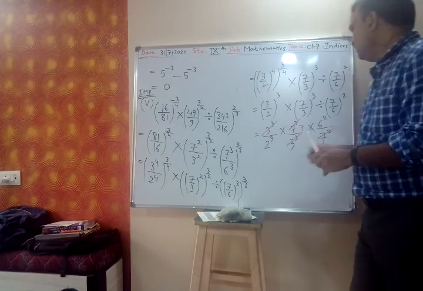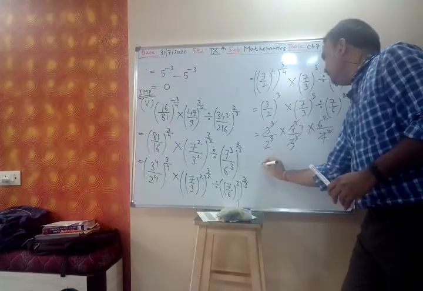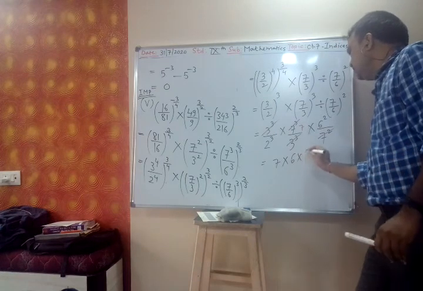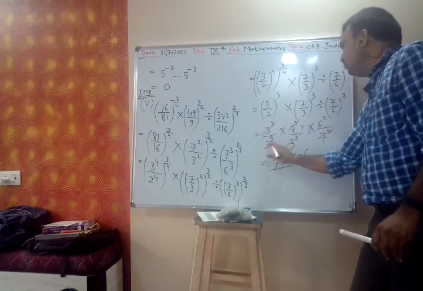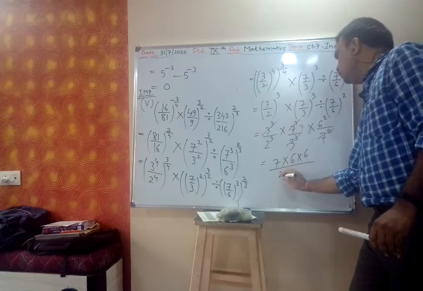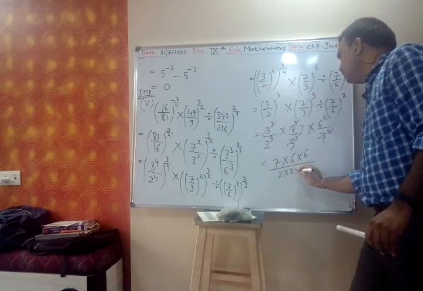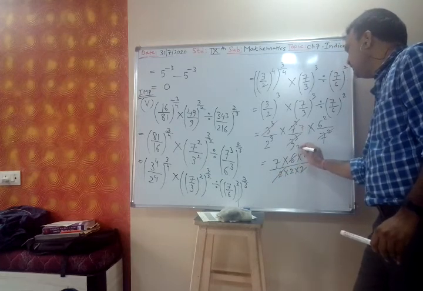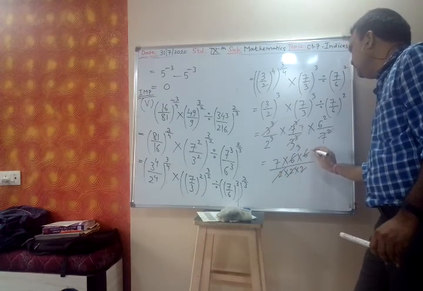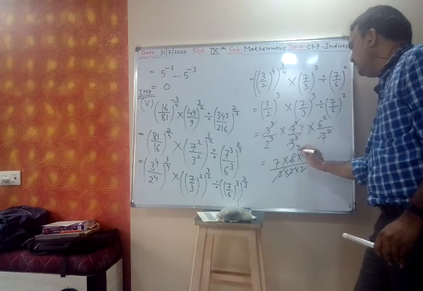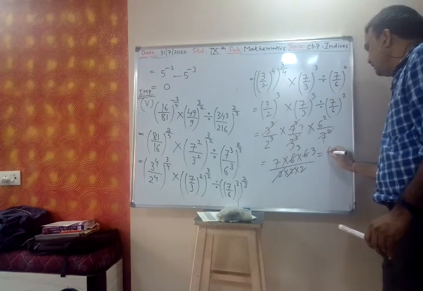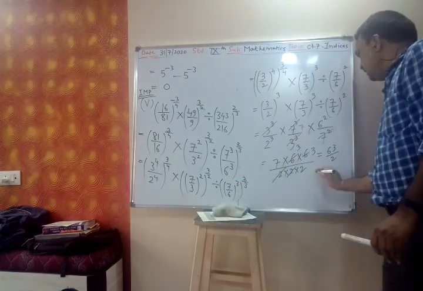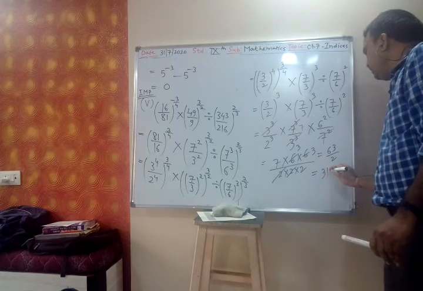Are you getting? So this is 7 into 6 raised to 2 means 6 into 6 upon 2 raised to 3 means 2 into 2 into 2. So 2 3s are 6, 2 3s are 6, so 3 3s are 9, 9 7s are 63. 63 upon 2, are you getting? And 31.5.